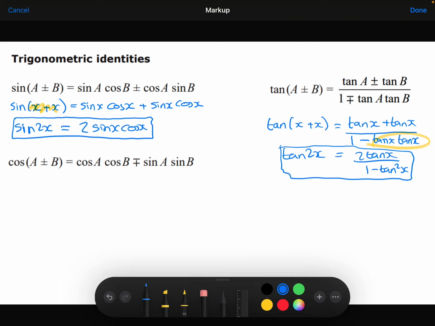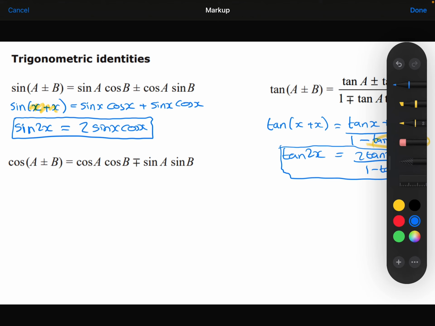And then for the cos, same idea. A is x, B is x. So I would get cos x cos x minus sine x sine x.